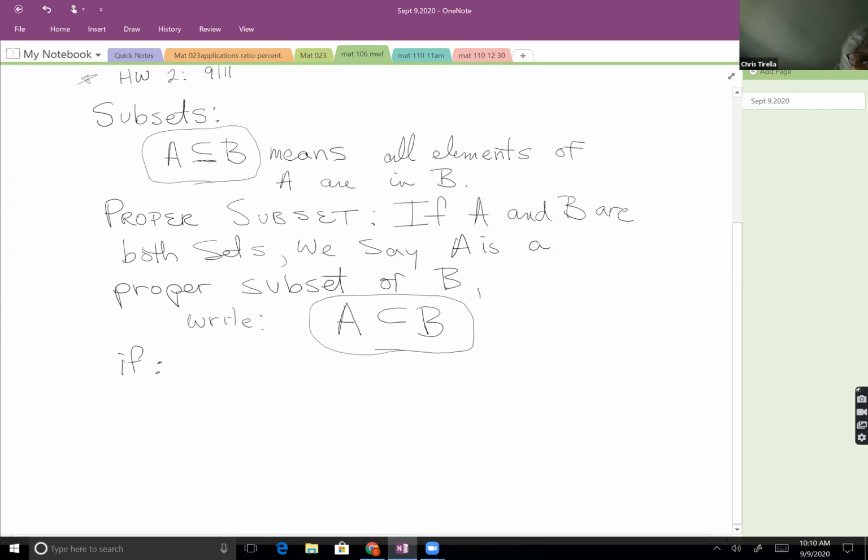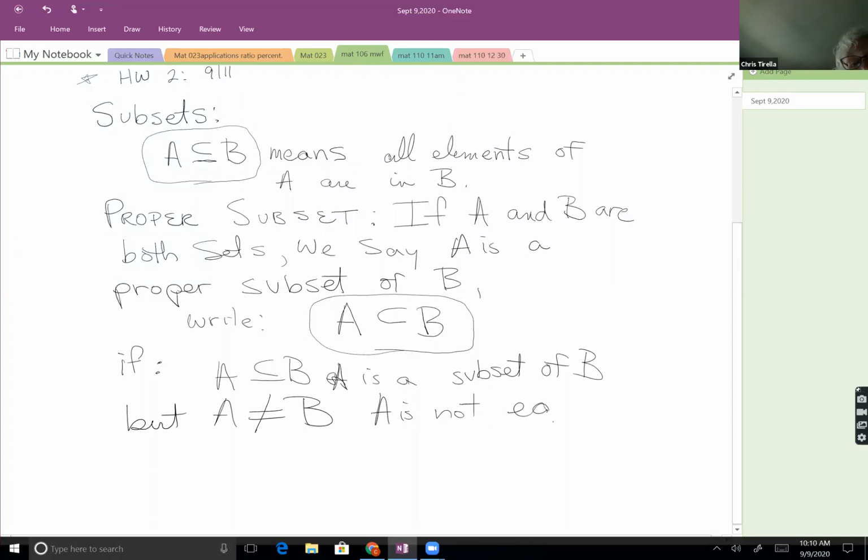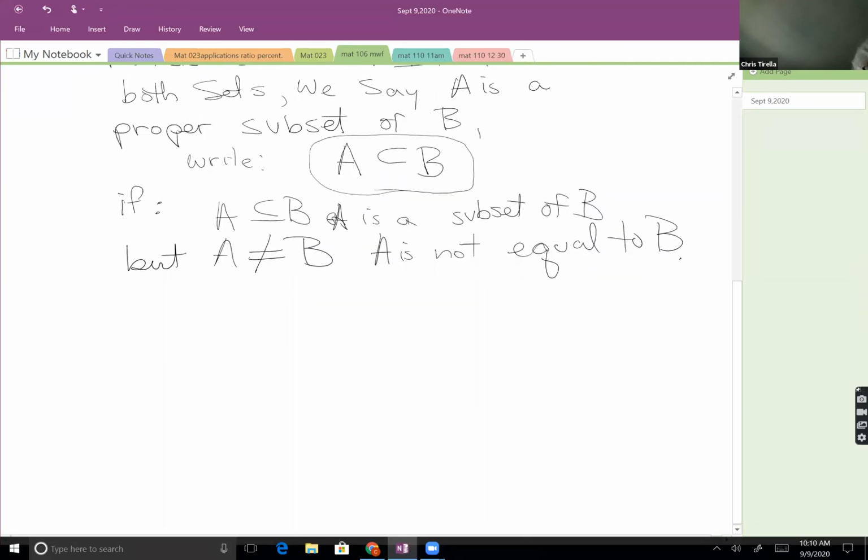So for A to be a proper subset of B, A is a subset of B, but A cannot equal B. A is not equal to B. So everything in A is in B, but the two sets cannot be equal.